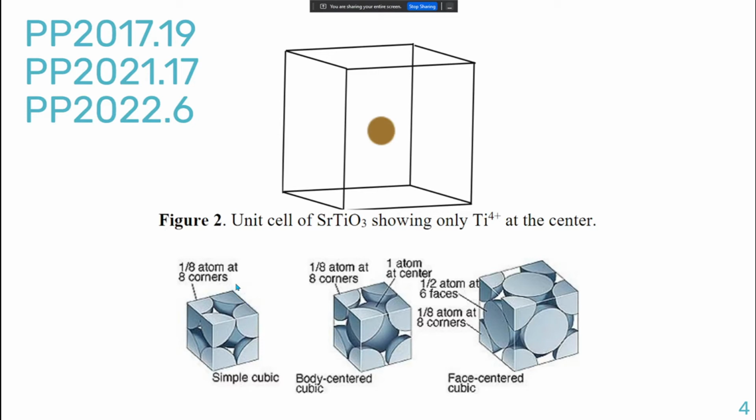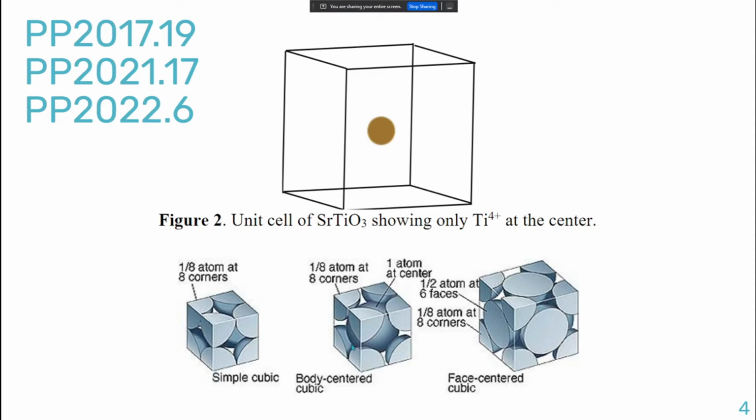However, because we have 8 corners, we multiply 8 by 1/8, and we get 1 atom within the simple cubic packing. Let me stress it again. When you see an atom in a corner in a cubic cell like this, then you must count it as 1/8. That is a basic concept, and we go through it so you don't make a mistake when the time comes.